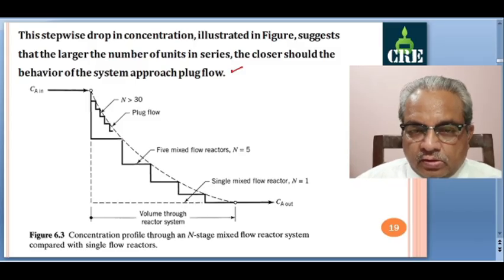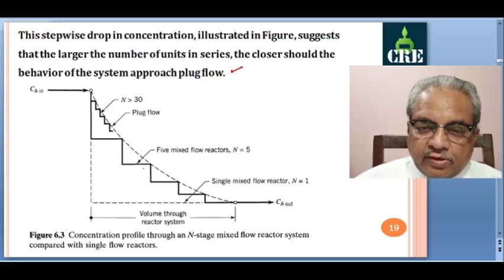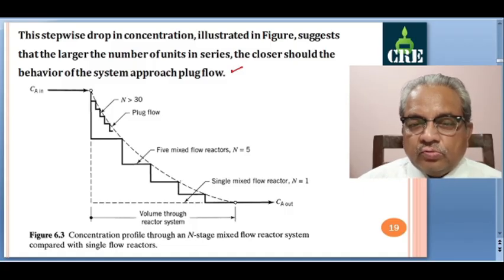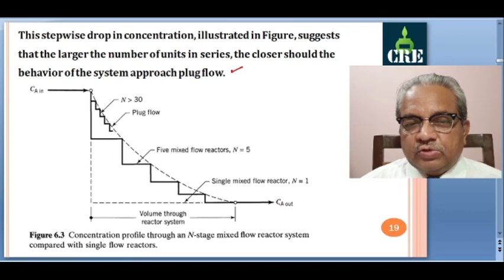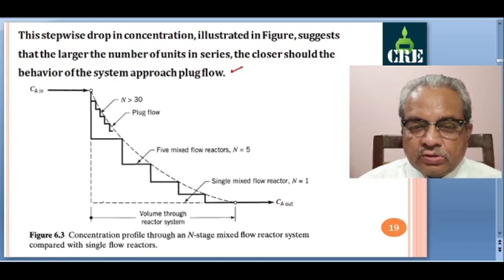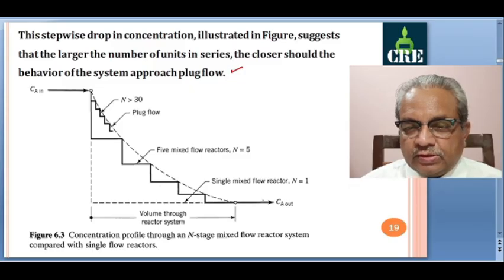Then entering the second reactor, exit concentration from the second, the same is the entry to the third, then exit from the third, the same is entering the fourth, this is exit from the fourth, the same concentration entering the fifth and exit, the same Ca out. So here we are using single, then 5 different stages.